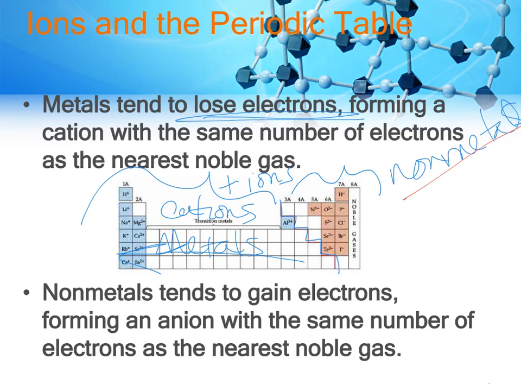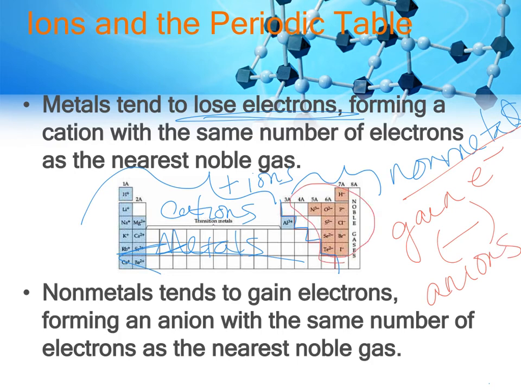If nonmetals make ions, they tend to gain electrons, which gives them a negative charge, so they become anions, usually. If you look at the charges shown on the most common ions formed by these elements, you can see the metals end up with positive charges and the nonmetals with negative charges.